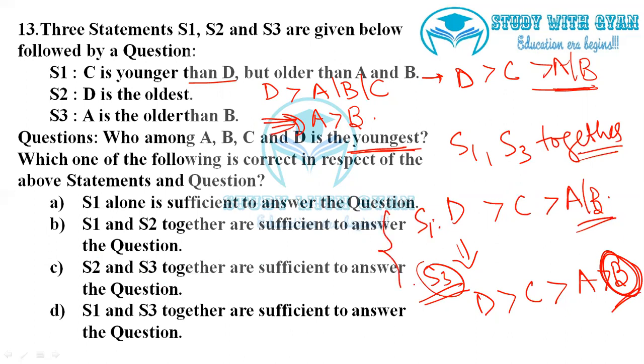So when you take S1 and S3 together, then you get your answer. That means option D is correct for this question.